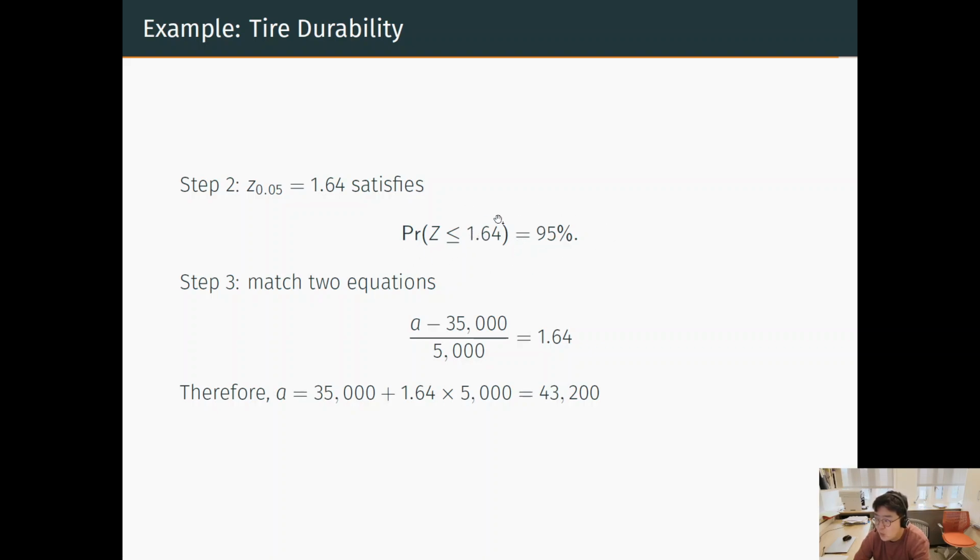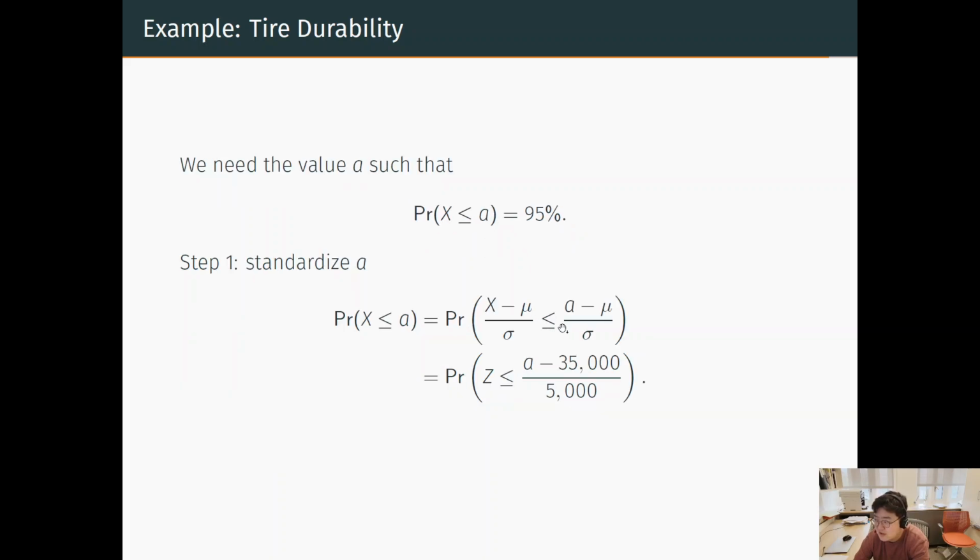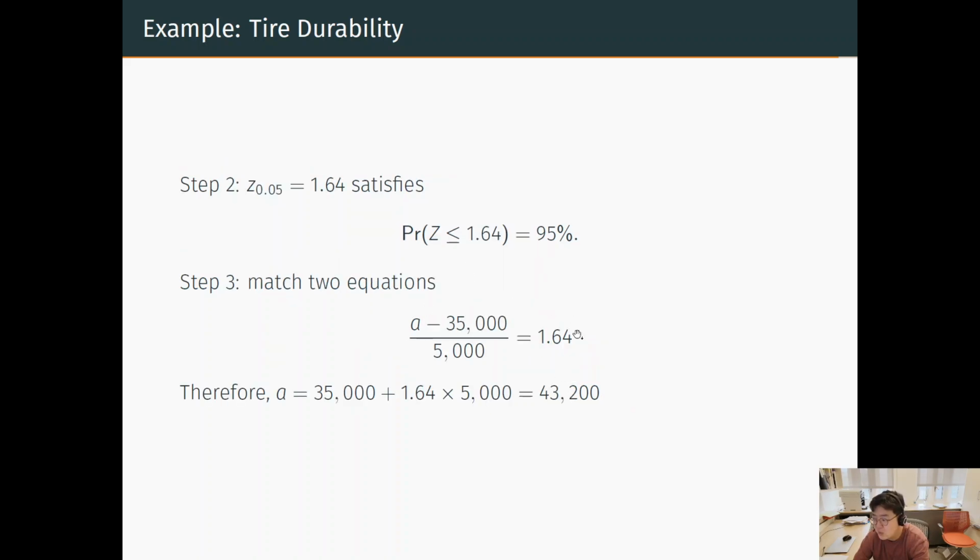So 1.64 should correspond to this. Right? So they are the same. In the end, A must be the mean plus 1.64 standard deviations. Right? 1.64 standard deviations above the mean. That can be written this way. That is 43,000. Right?